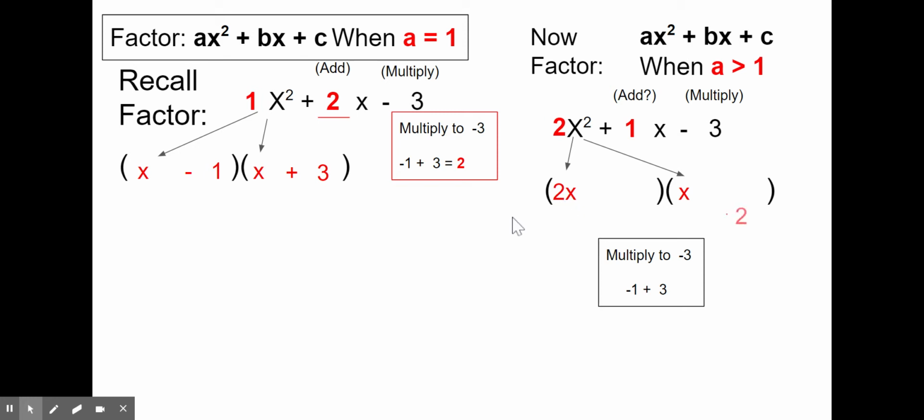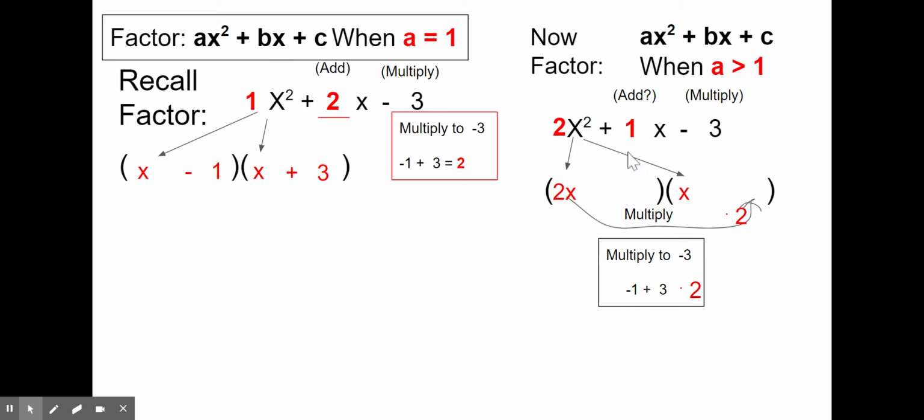Remember in FOIL, the outside terms multiply together? So this 2 is going to get multiplied all the way over here to this factor of 3. One of these two factors gets multiplied by 2 before I add it. Let's try it. What if I multiplied 2 times 3 before I add it to the negative 1?